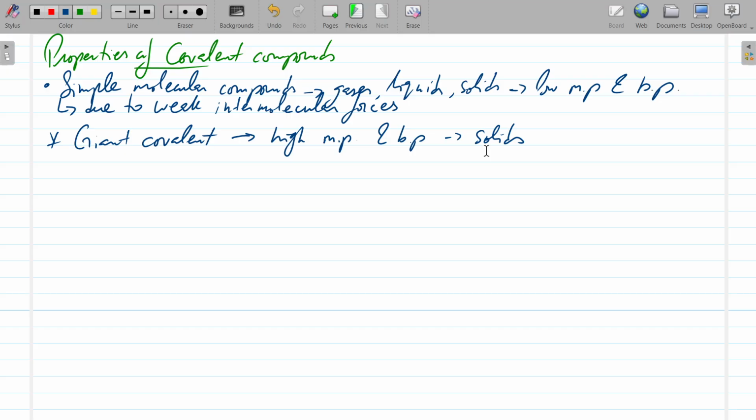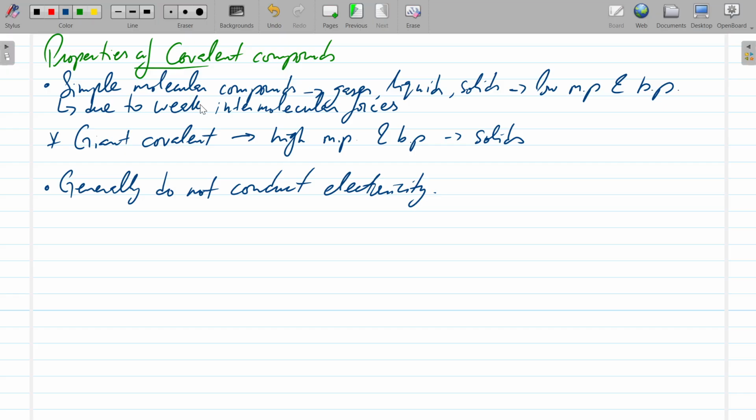Then they generally do not conduct electricity. Why? Because to conduct electricity, you need to have charges or electrons. You don't have charges, so it's not ionic.